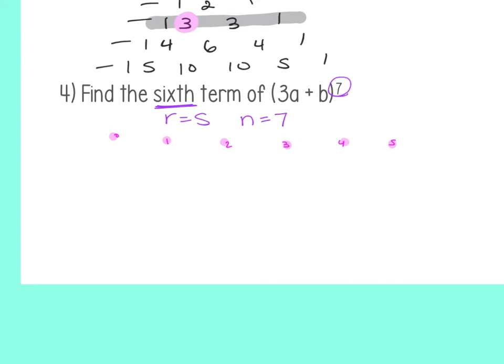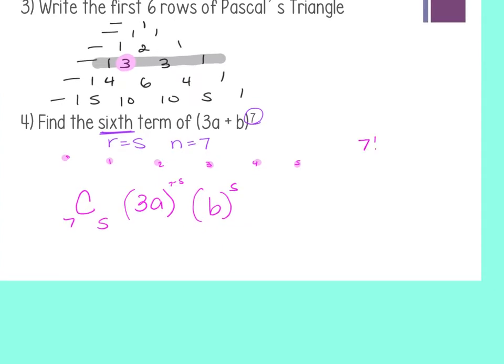Okay, so then, speaking of C(n, r), C(7, 5). First term, which is 3a to the n minus r, so 7 minus 5. Second term, which is positive b to the r, which is 5. So I can do 7 times 6 times 5 over 2 times 1 times 5.